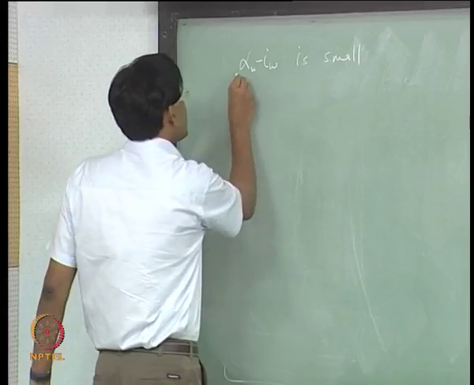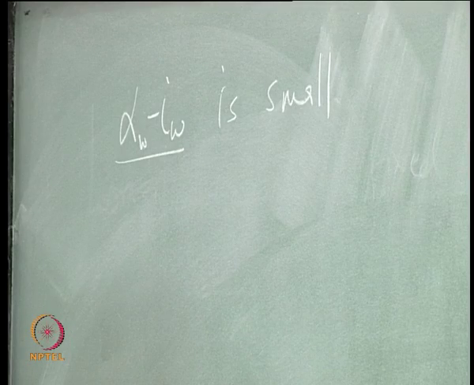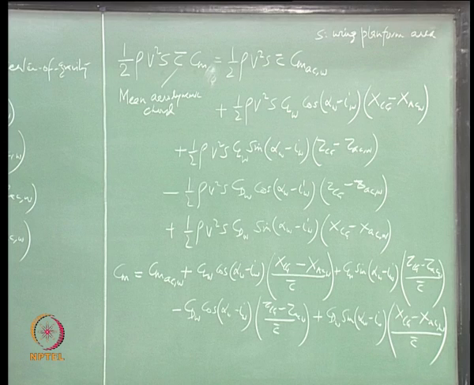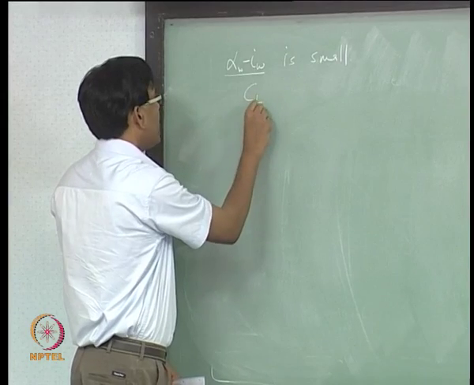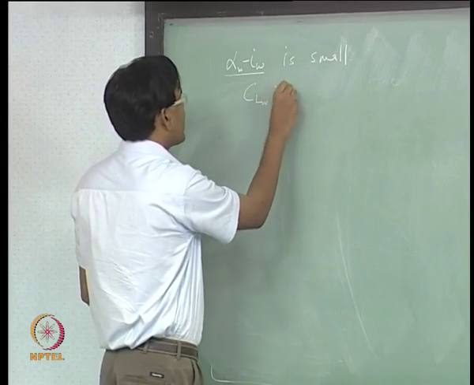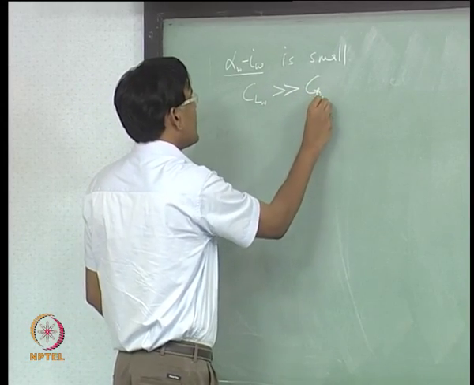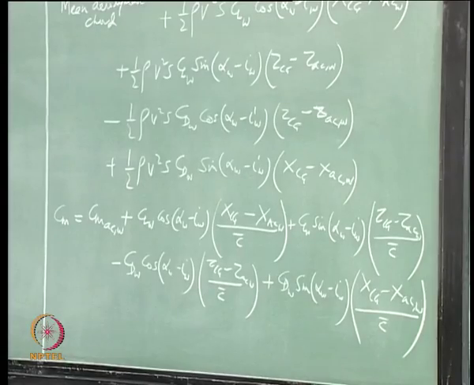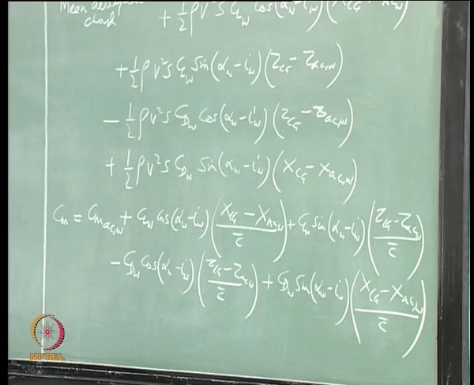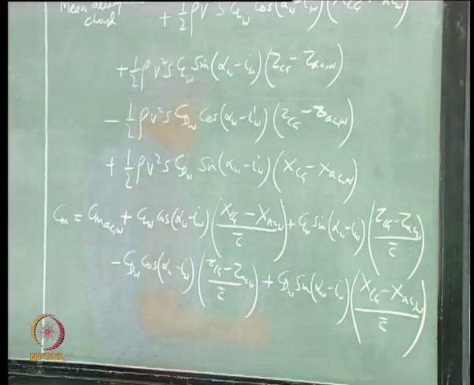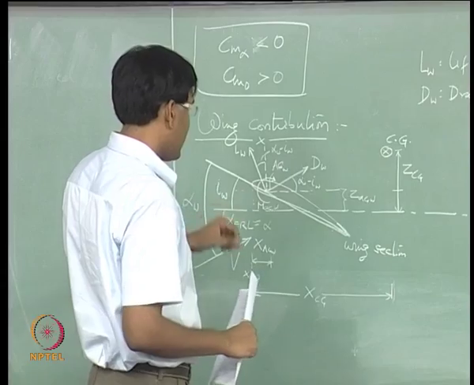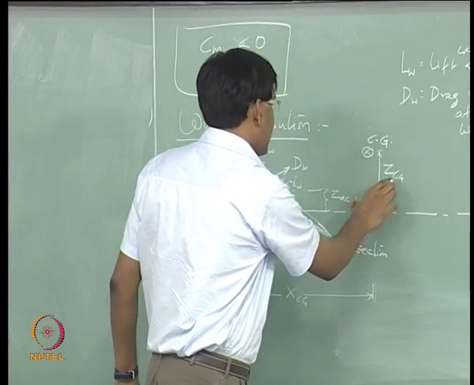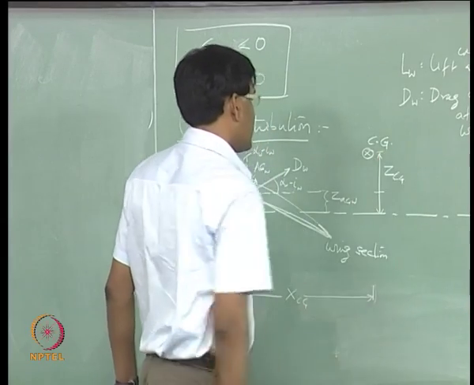and if you use this assumption, then let us also make another assumption, and that is, let us assume that the lift created at the wing is much larger than the drag, which is also a valid assumption. Another assumption that one can have, only to look at the simpler form, is that this distance is small.